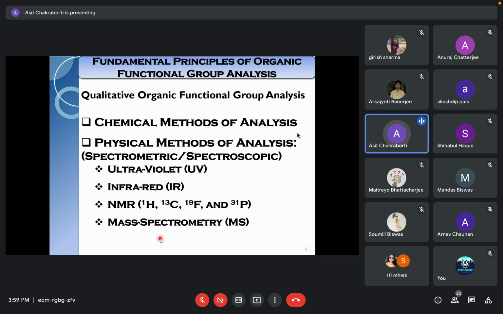So is it possible to use NMR for stereochemistry determination? My question was very broad. Out of these four, popularly, other than these we do not have, as of now, any spectrometric method for structural determination. X-ray is a different one. X-ray also we can say, but apart from X-ray, which is not routinely used, between UV visible, infrared, NMR, and mass, which one can be used to determine the stereochemistry of an organic compound?